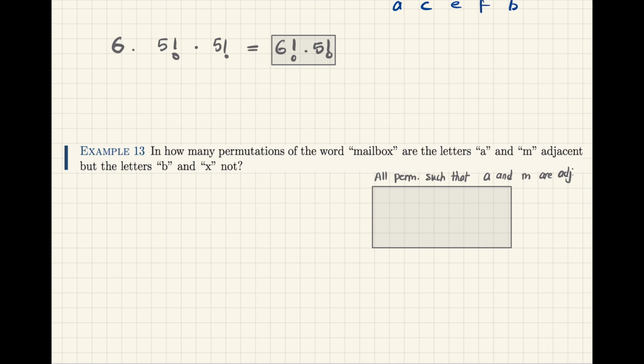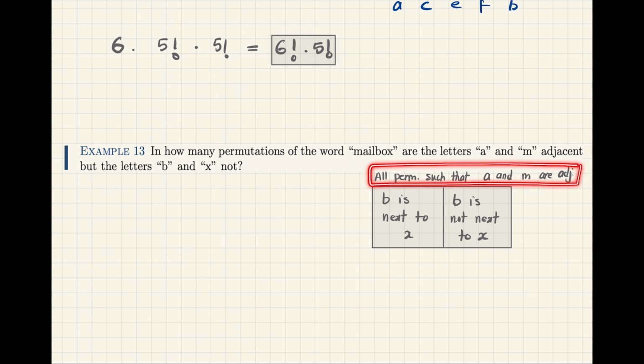These permutations can be viewed as two distinct groups. In one part of the partition, B is next to X, and in some of them B is not next to X. But you see that I am considering not all the permutations, but all the permutations in which A and M are adjacent.